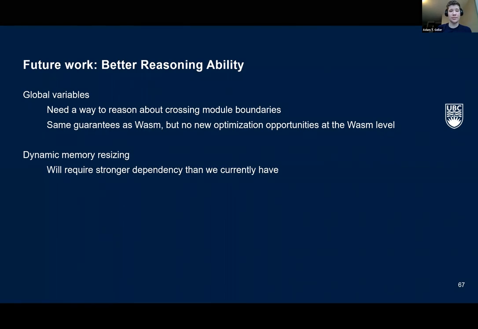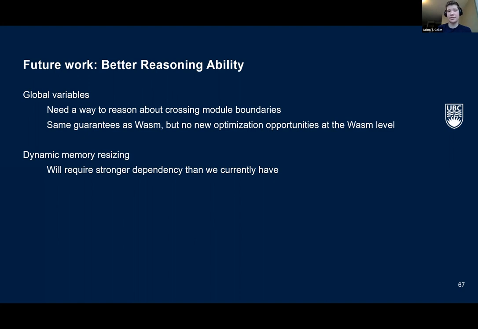This is a difficult problem to get around. So we have the same guarantees as WebAssembly, in that we check that if you are trying to set a global variable, then the global variable is mutable, and that it has the correct primitive type T. But we don't have any new optimization opportunities on global variables.